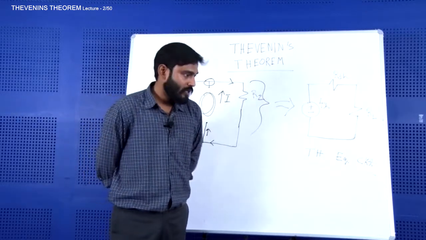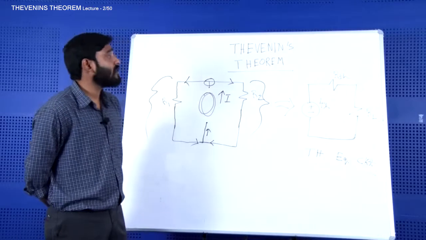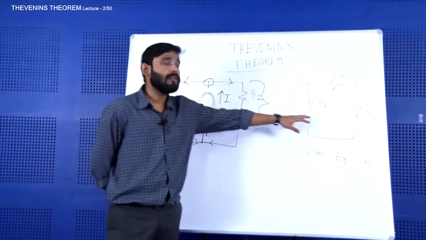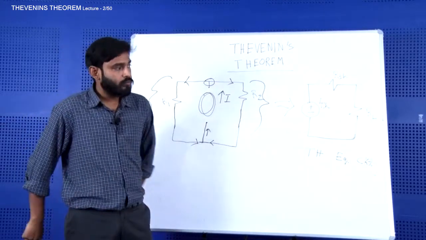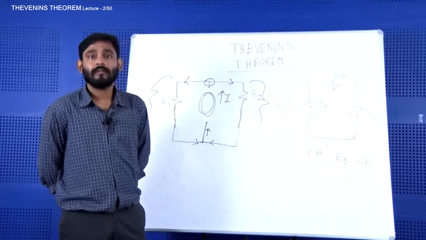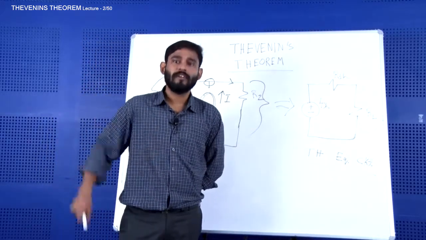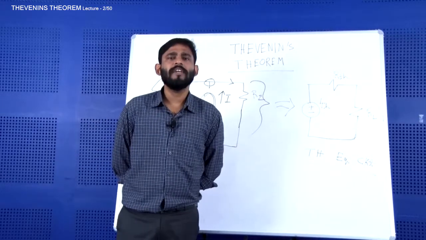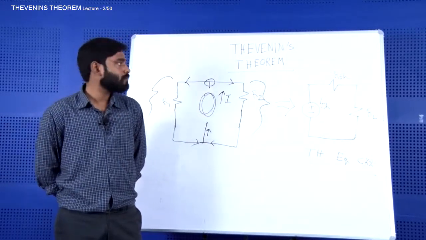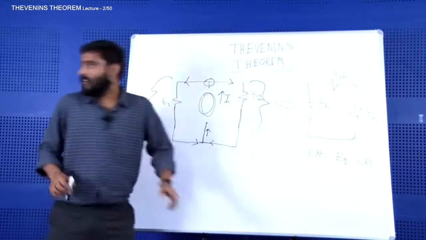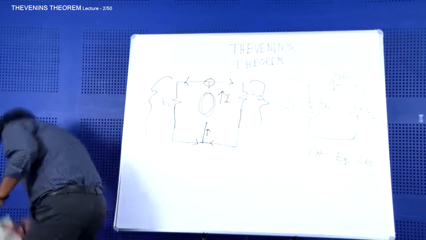Fine. Next, the last thing that we are left with is called the VTH, and this is also called in some books and by some eminent professors as VOC, or the open circuited voltage. So what does it mean by this VTH or VOC? In this case, again, we have to start from the beginning.